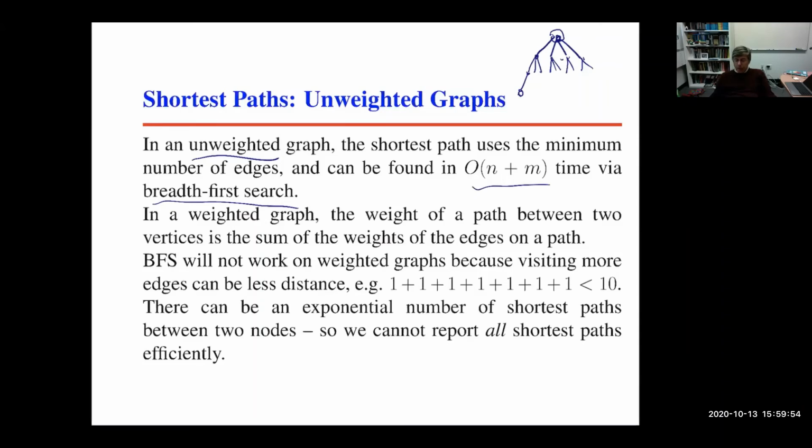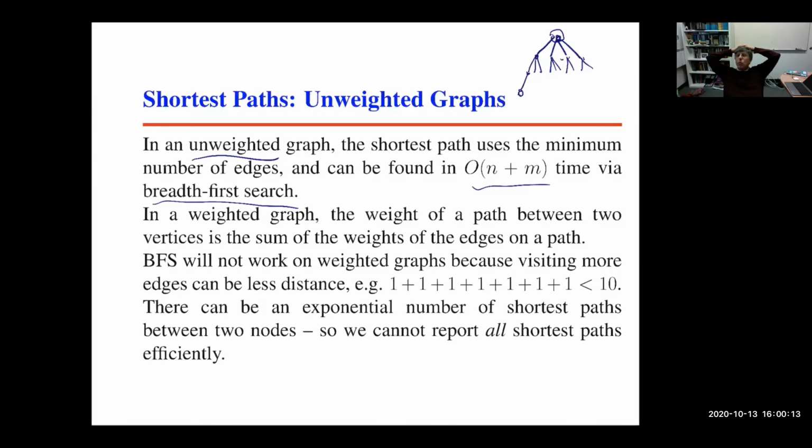Now what BFS does is find the path with the smallest number of hops. That's sometimes useful. Let's say that you were driving a car and you had a very creaky steering wheel, you might not want to make turns.